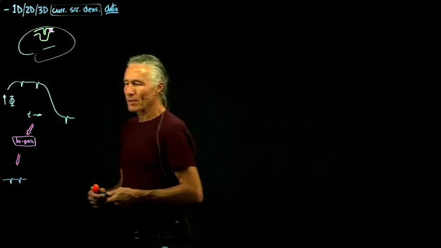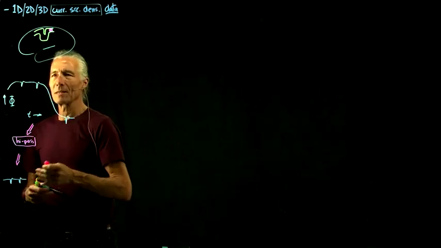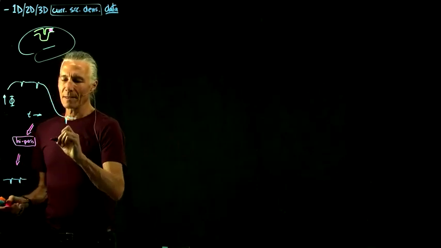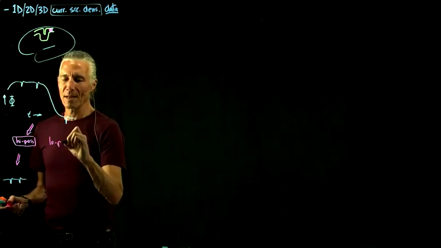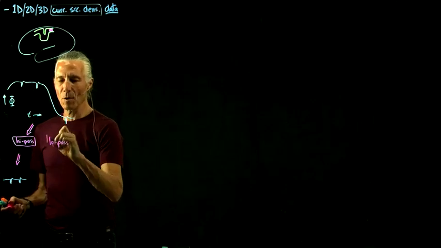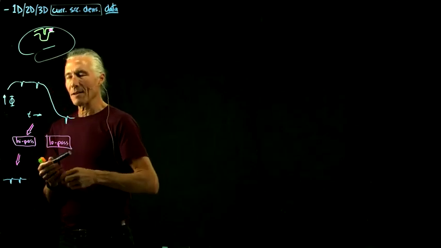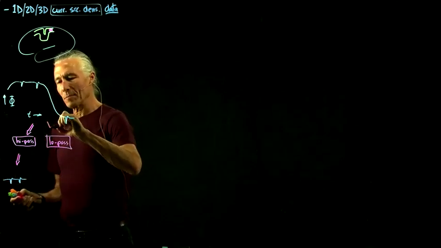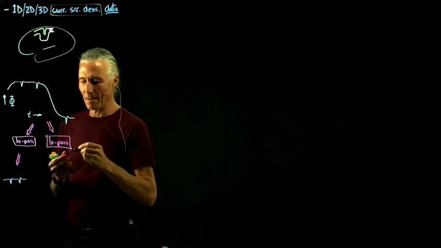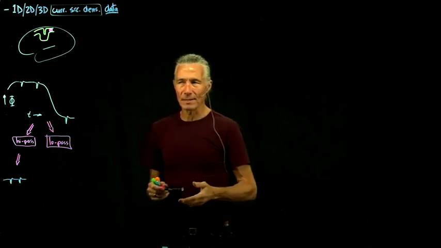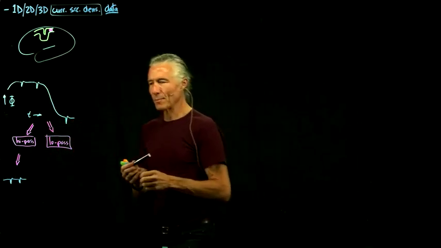But alternatively, you could just do a low pass filter, which means turn the bass up or the treble down. If you do a low pass filter on the same exact signal, you'll get rid of the spikes because the spikes are high temporal frequencies. So we're doing a temporal filter.